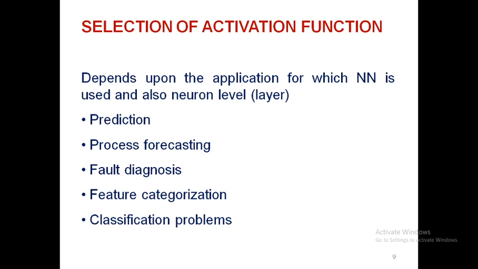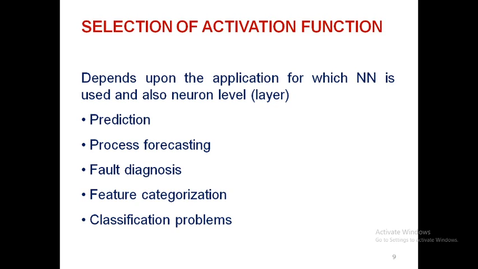So how do we select that activation function? This activation function selection depends on the application. One particular application requires one of the activation functions. If another application is there, you need to change the activation function corresponding to that application.